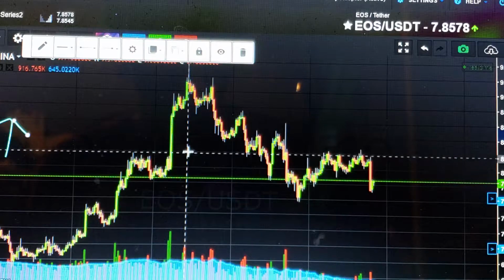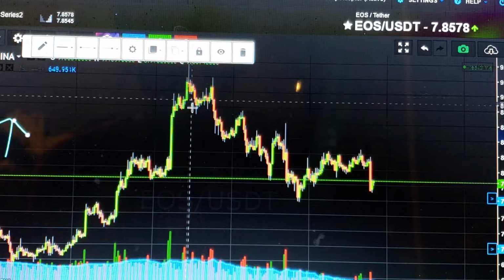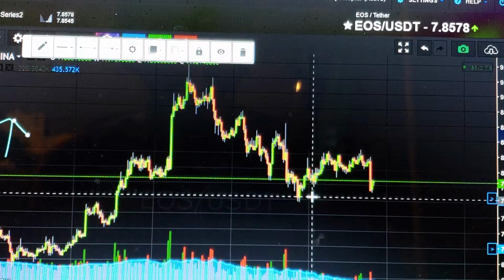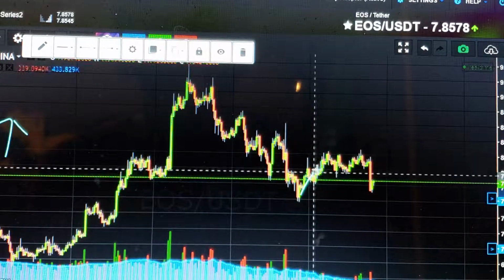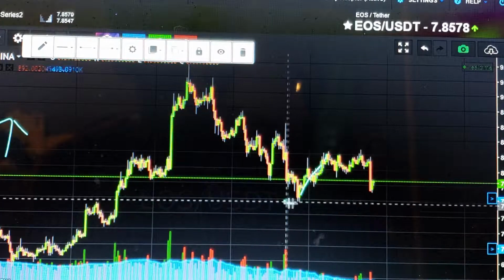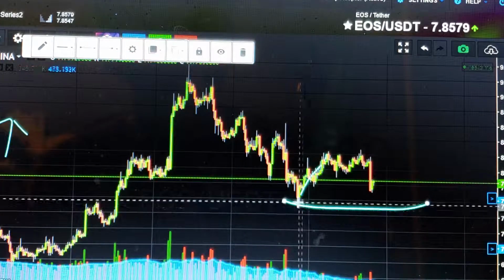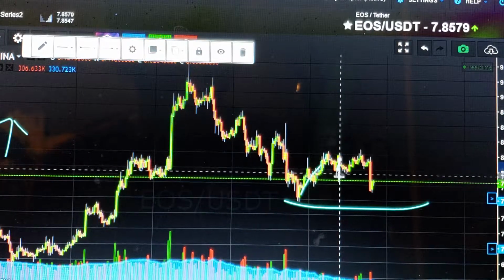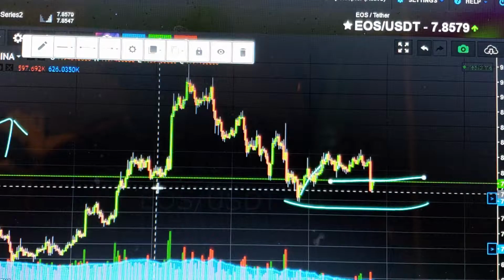There was a pretty good push. There's a little push. This here is a push. And then just set your alert below that push. There's a little push. Set your alert.